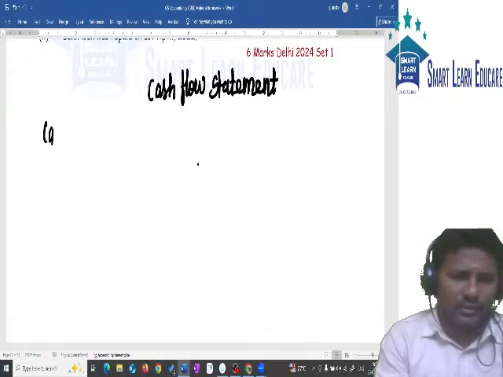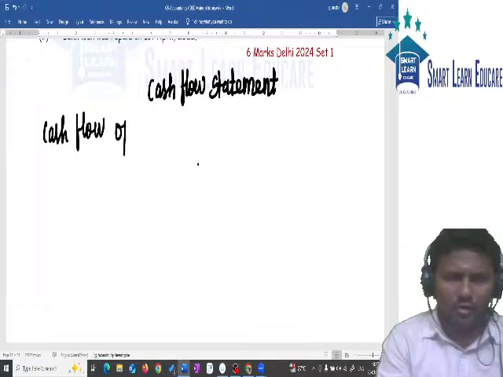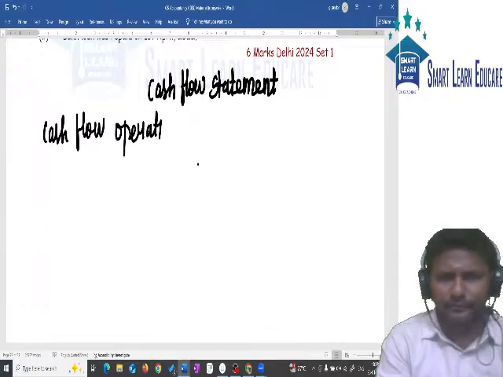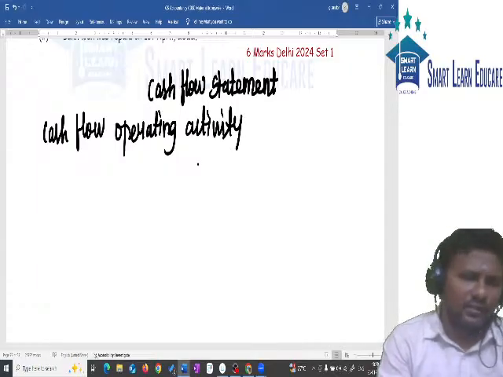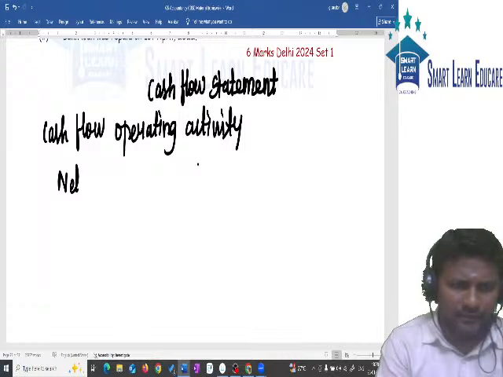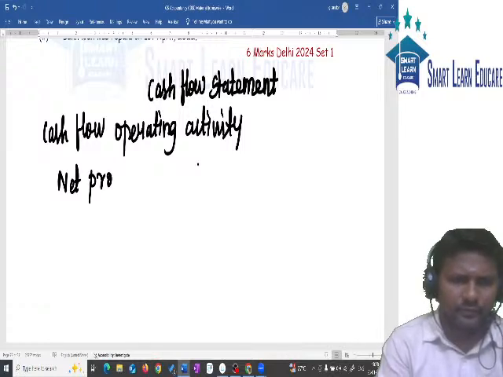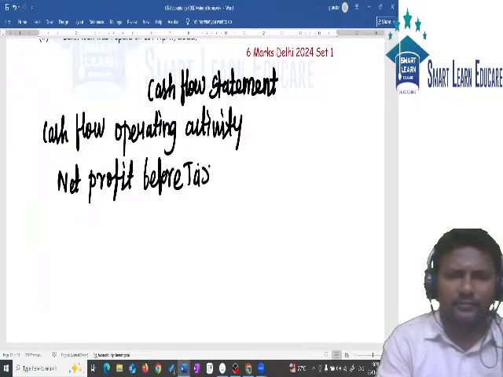Cash flow statement. First one, cash flow from operating activity. First, net profit before tax and extraordinary items.